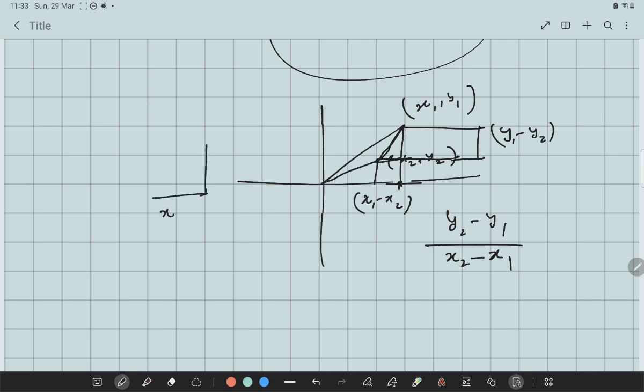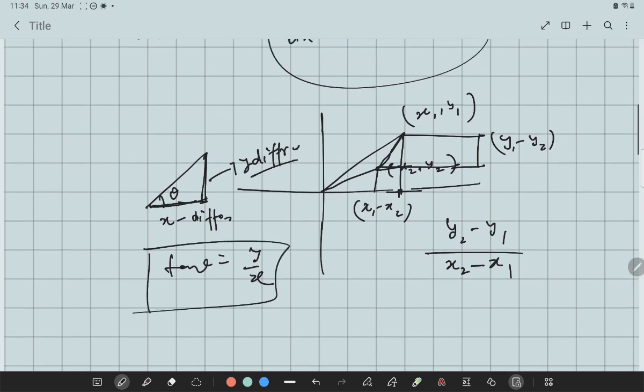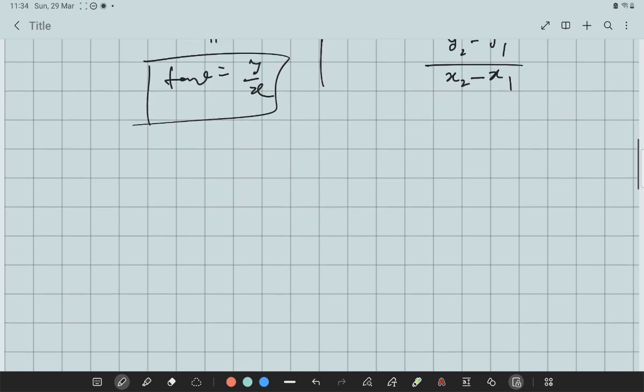This is the x difference and this is the y difference, irrespective of negative or positive value. And we know that if we take an angle theta over here, tan theta equals y by x, the difference of y and x. Keep this in mind, as we will make use of it.